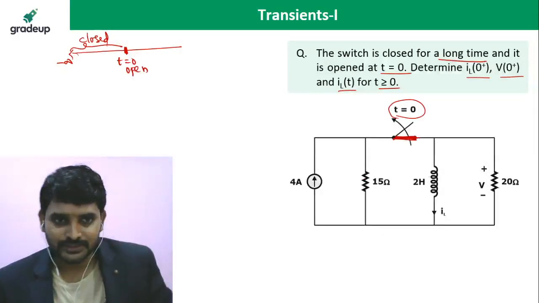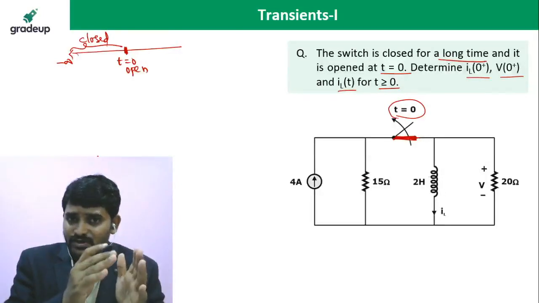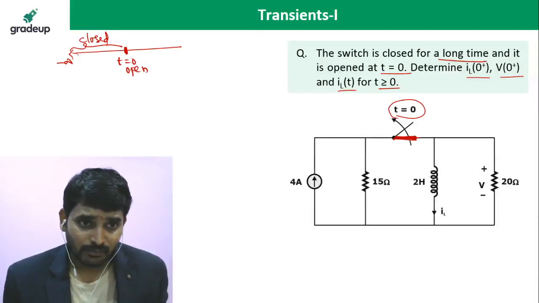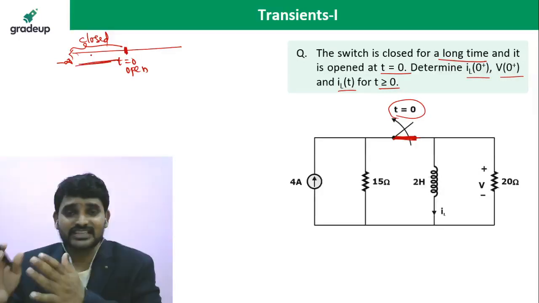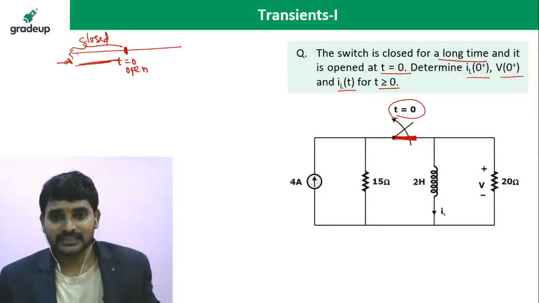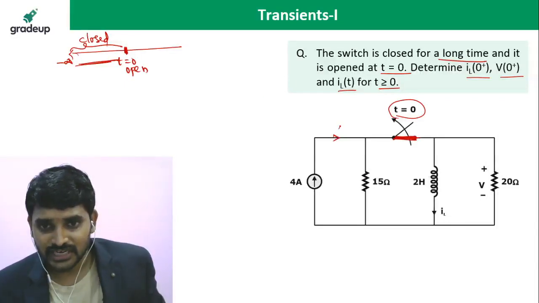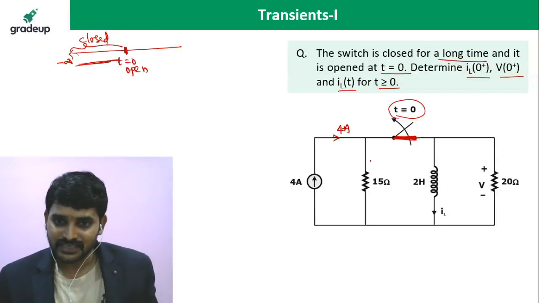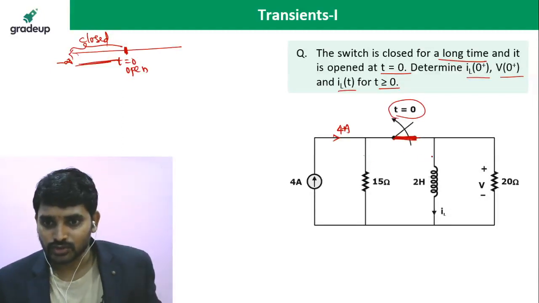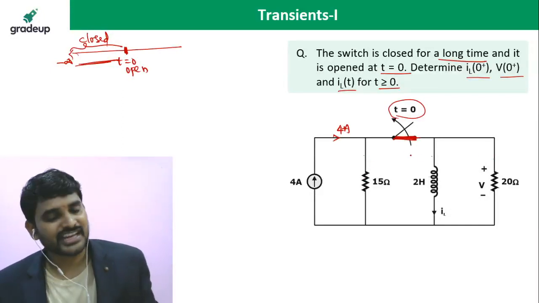As the current source is connected from minus infinity to 0 seconds, for a long duration, what will happen? This current source is going to deliver current. Where will it pass? Definitely through 15 ohms, through 2 henries and through 20 ohms.